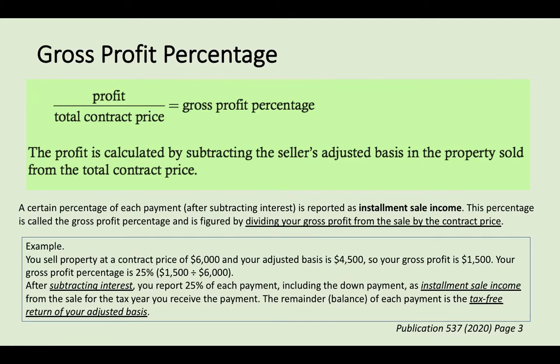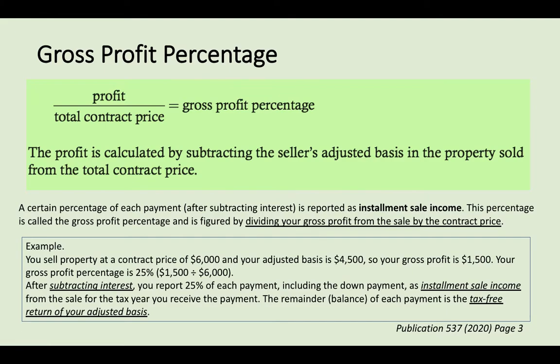The IRS says to divide your gross profit from the sale by the contract price, and this is how you get the gross profit percentage.